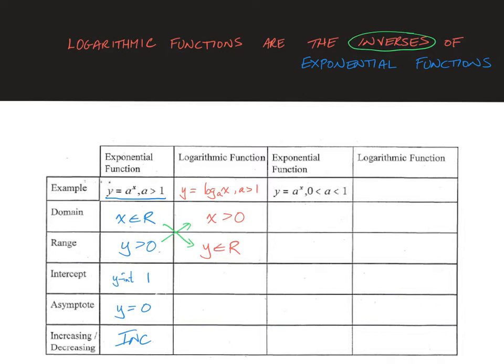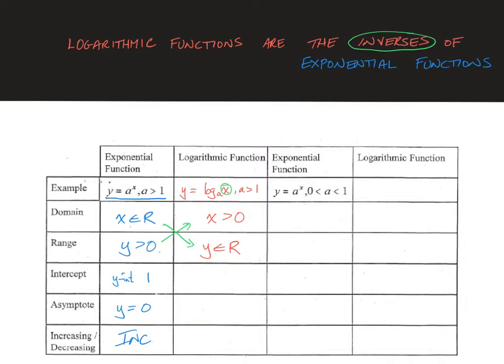Now, maybe you didn't even use inverses to work your way through that, but instead you said, well, I know that whatever is inside my log must always be positive. Therefore, x is greater than 0. And if the inside is always positive, then I can calculate any one of those logs, and I get a variety of answers.